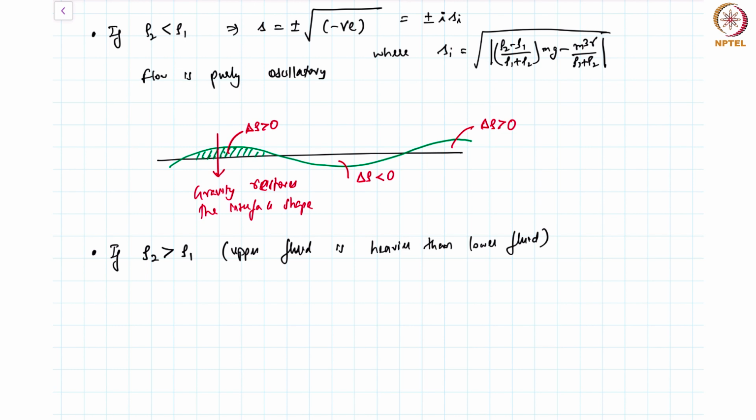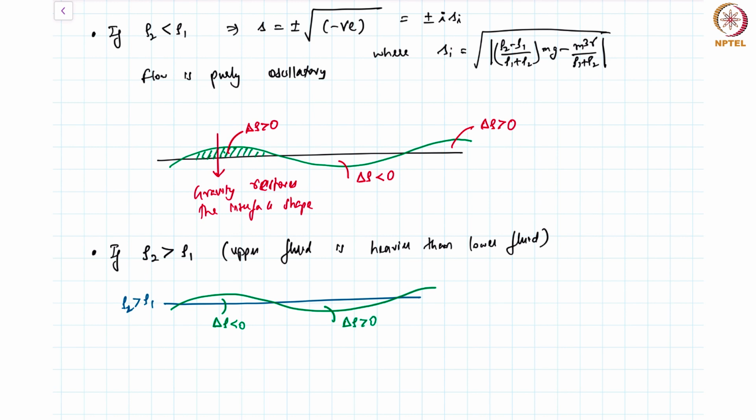Let's see if this is actually valid. So this is my interface, original flat interface. Let's say I create a perturbation, now because rho 2 is greater than rho 1, this perturbation here has delta rho less than 0, and this perturbation has delta rho greater than 0.